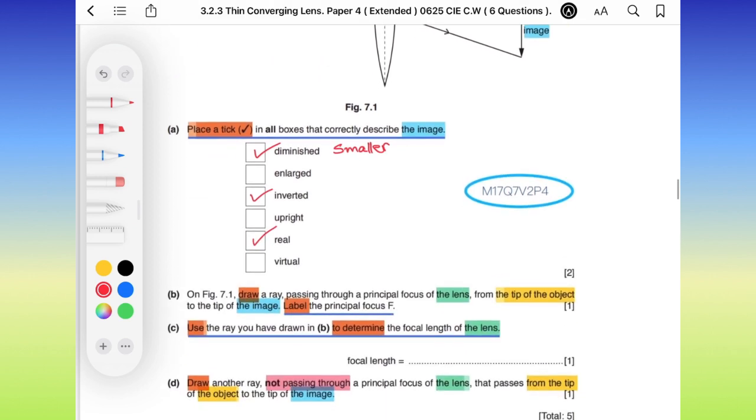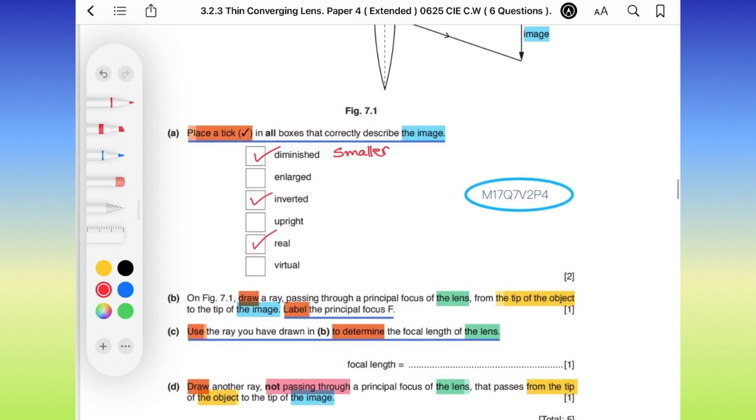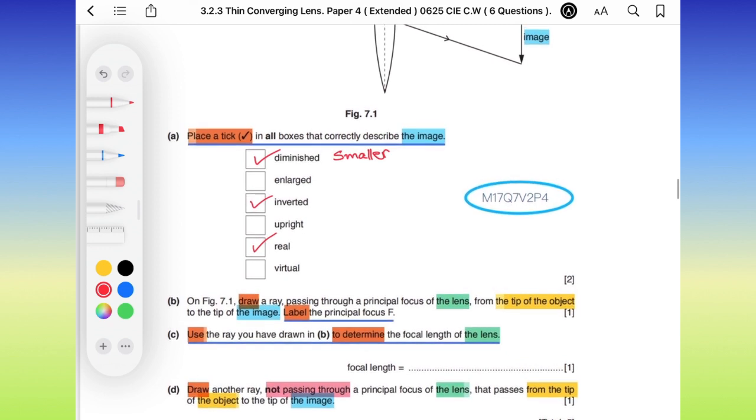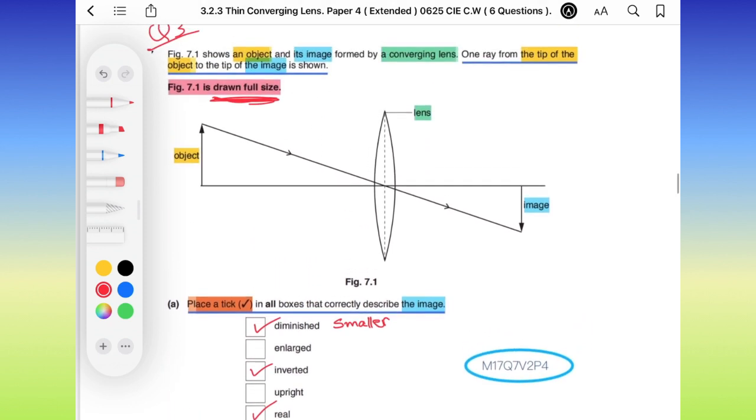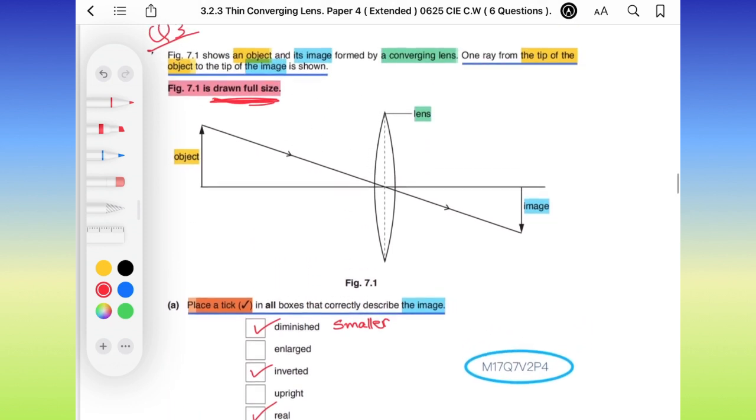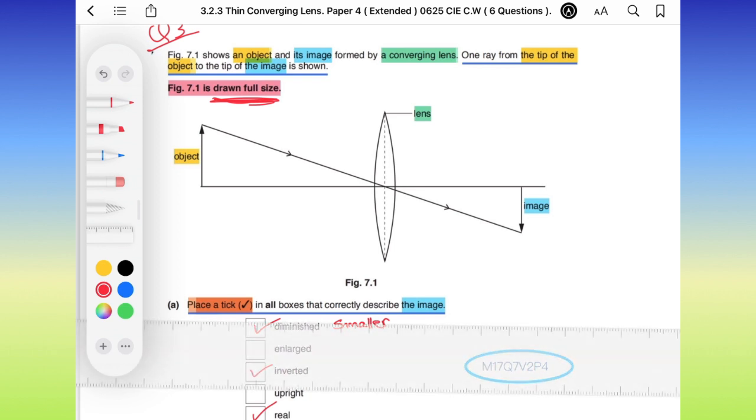On the figure, draw a ray passing through the principal focus and label the principal focus F. Okay, I will do it. How can you draw this?